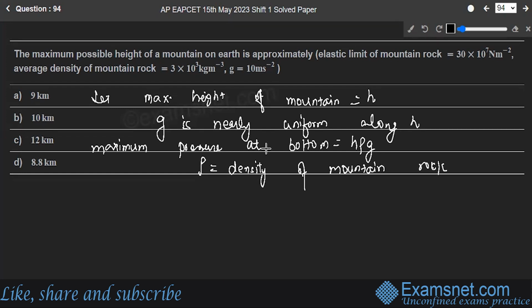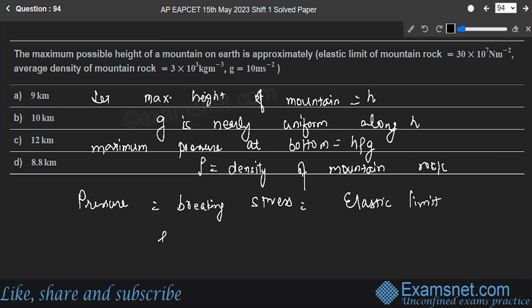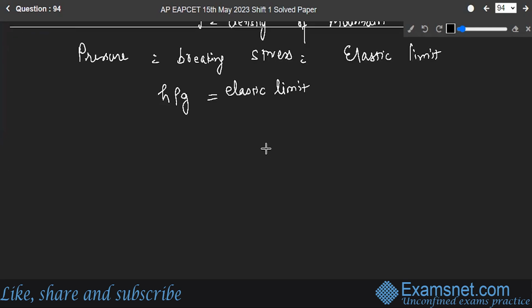Now according to the question, the pressure is equal to the breaking stress, which is the elastic limit. So h rho g is equal to the elastic limit.